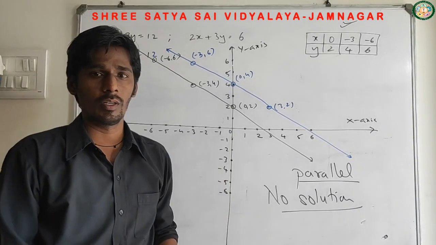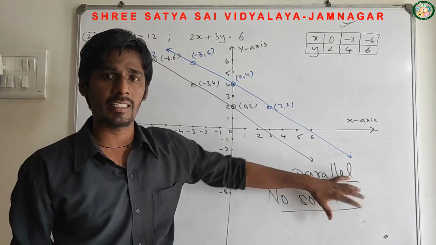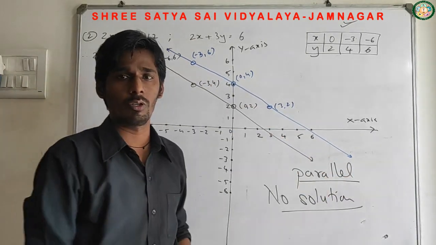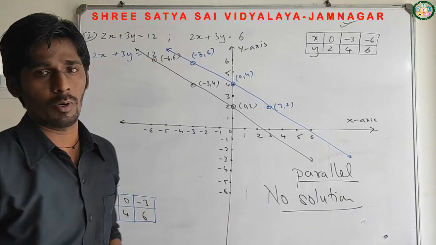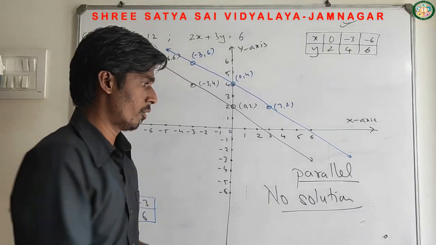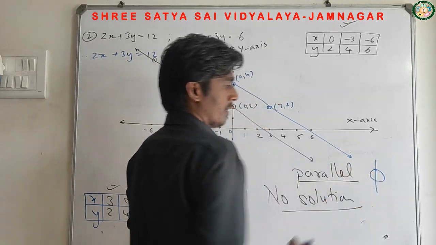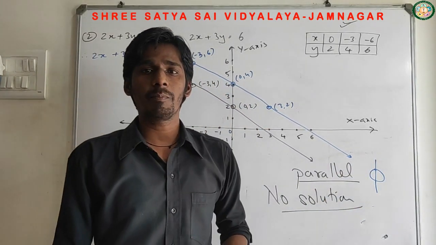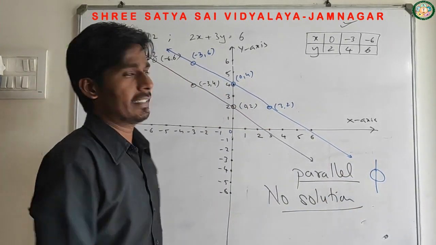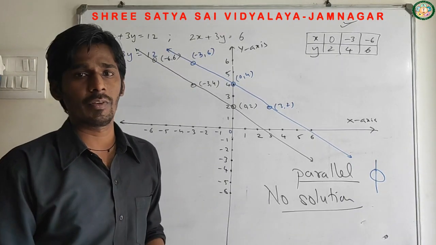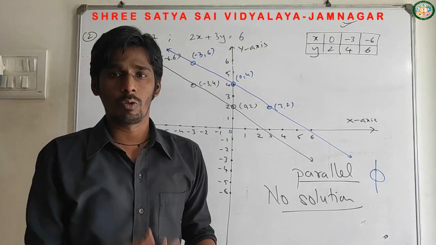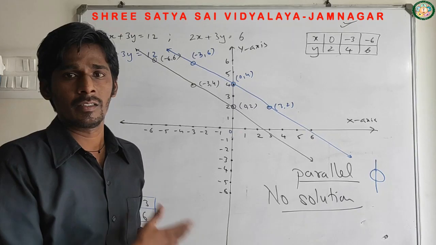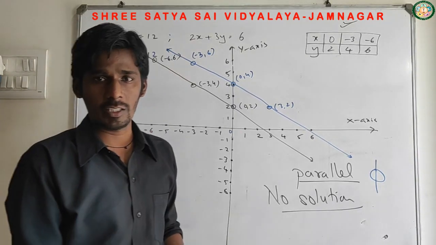So from this what you have to learn, if lines are not intersecting, it has no solution. So this is the way we can plot a graph for an empty solution. There are some basic rules or a direct method to find whether the equation has solutions or not, whether they get an empty solution or a unique solution.